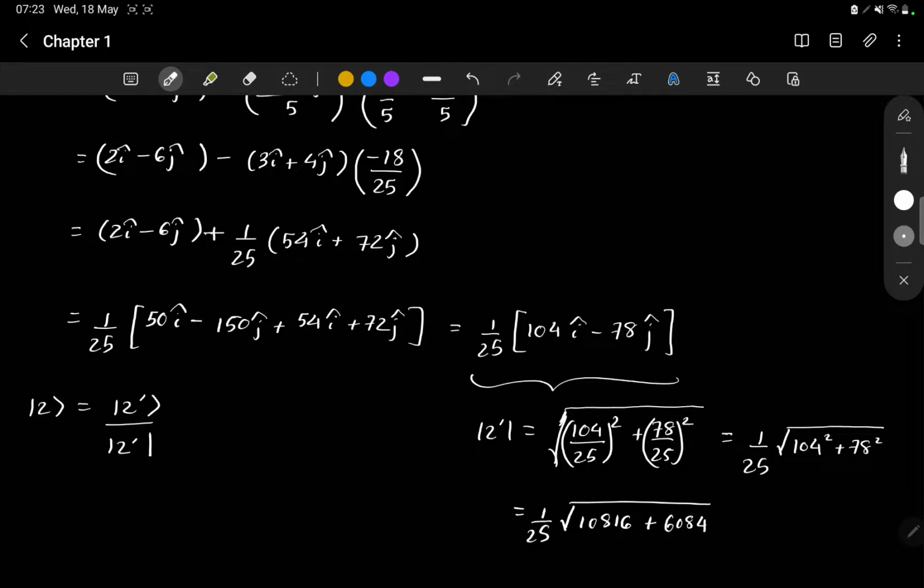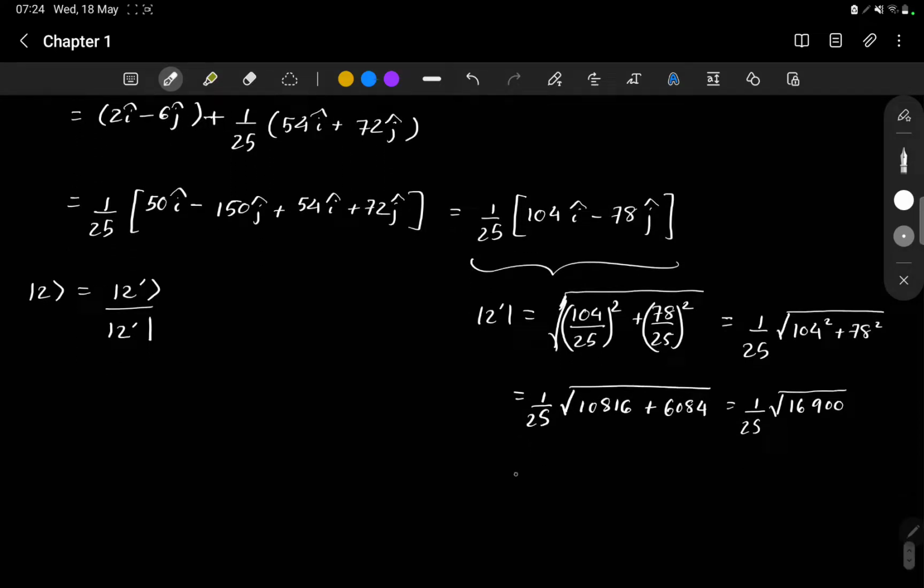So taking the sum, the square root of this is 130.